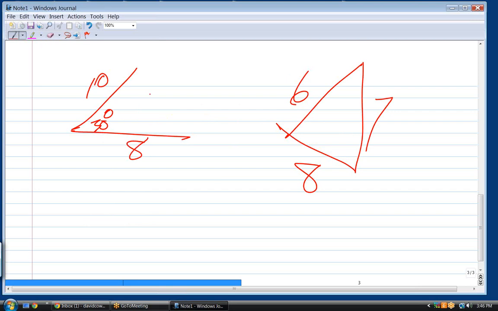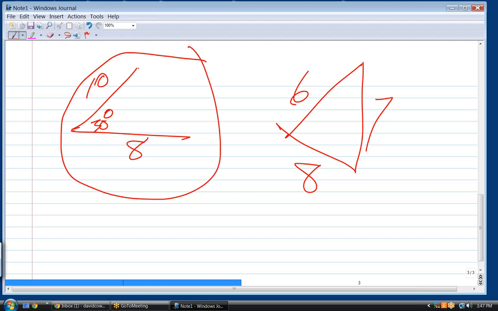Both of these cases, you're going to solve for either an angle or a side, and then you're going to solve the rest of the triangle using the law of sines. So you have to use the law of sines on every single triangle. But you only use the law of cosines when you do not have an angle opposite side relationship.